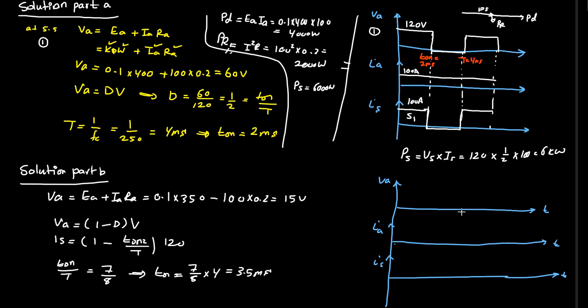Now T on will be somewhere here if we assume that this is the period. Now if the switch is on, the voltage will equal 0, and if the switch is off, the voltage will equal the supply voltage, and this will repeat itself.